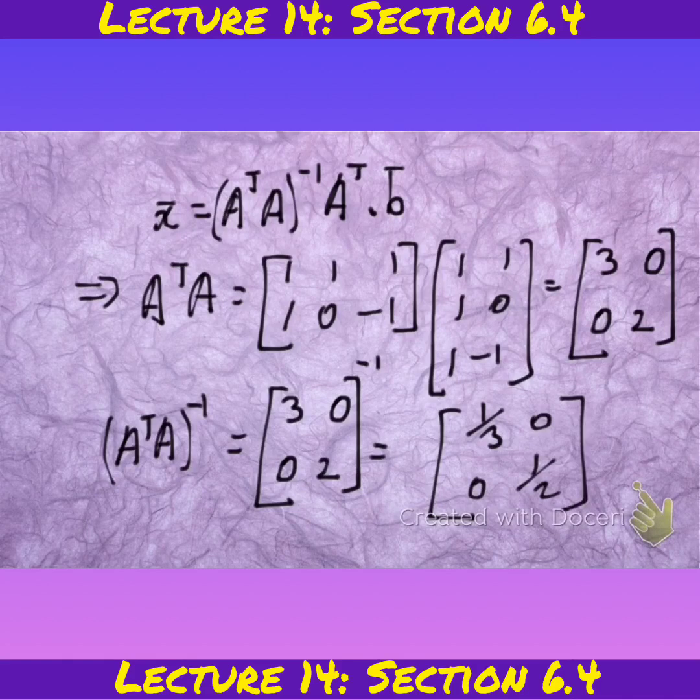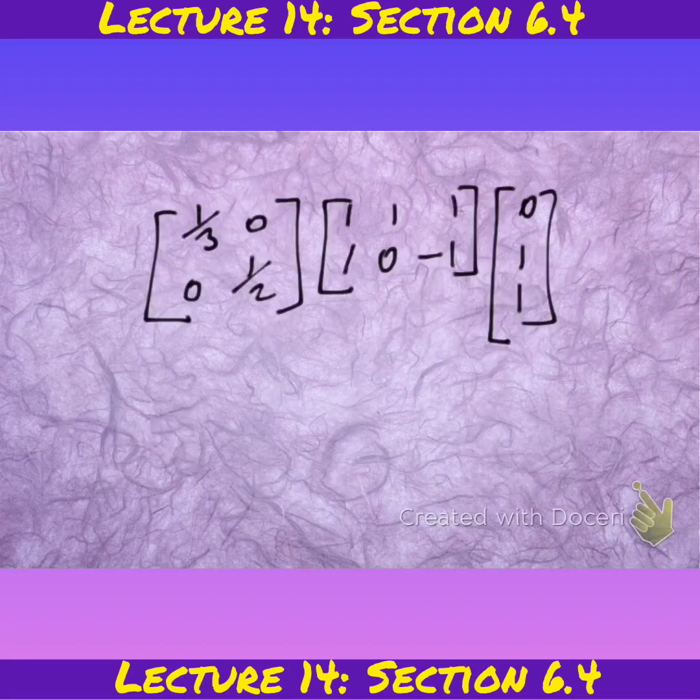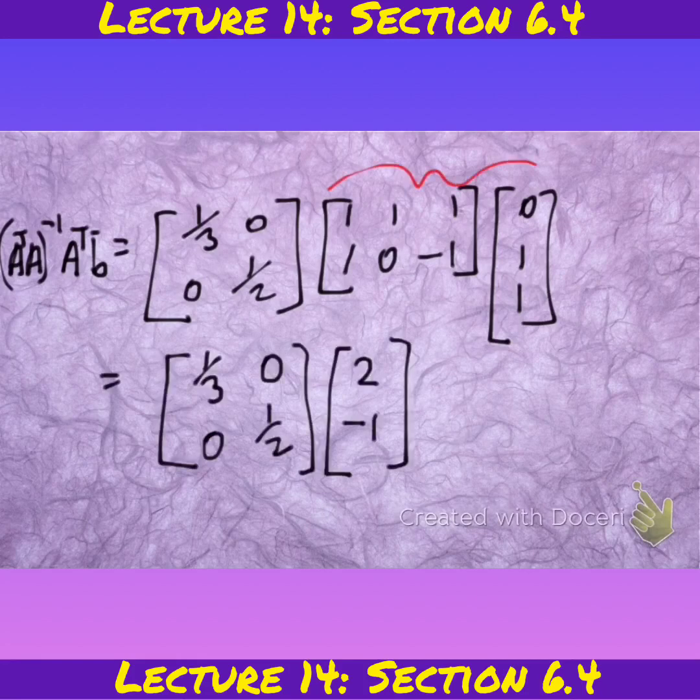And then multiplying that with A's transpose, we get this. Then putting all of that together, that is A transpose A's inverse multiplied by A's transpose multiplied by the vector B. Alright, so multiplying those matrices out, we get this 2 by 1 column vector, and so we get our least square solution of a third, minus a half.